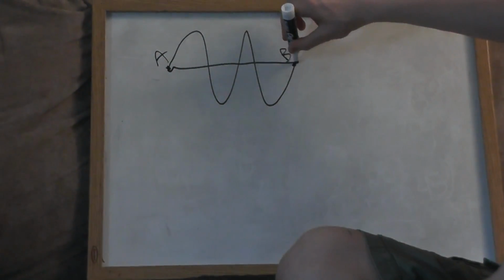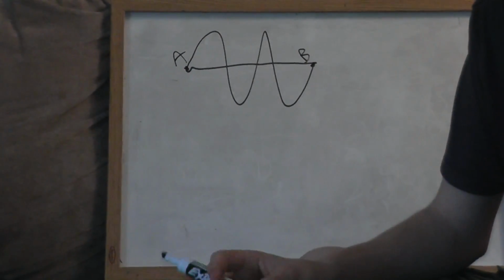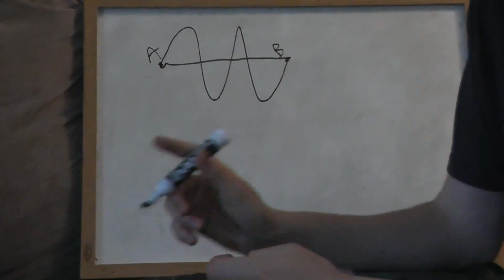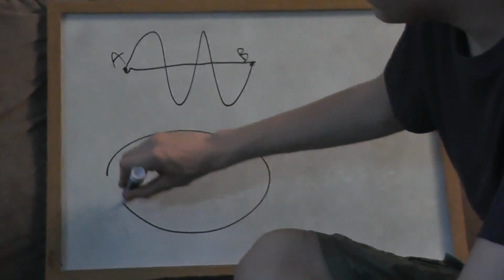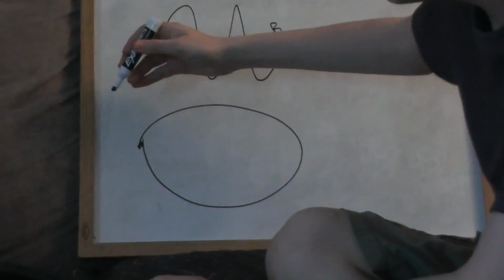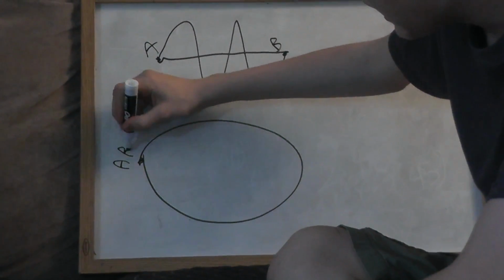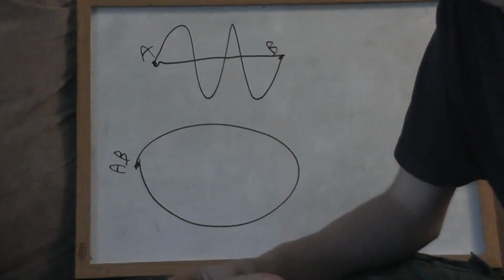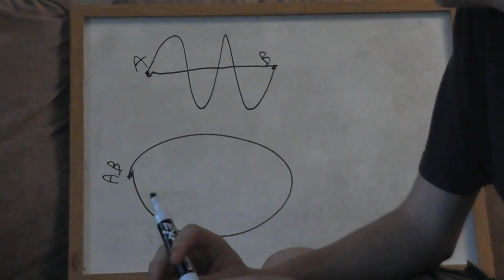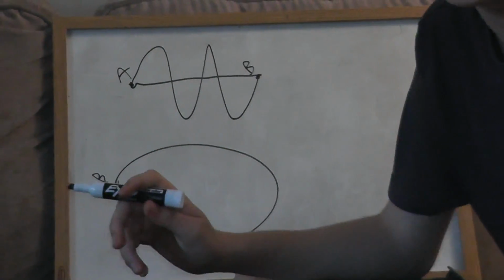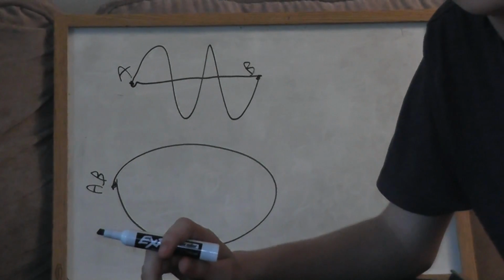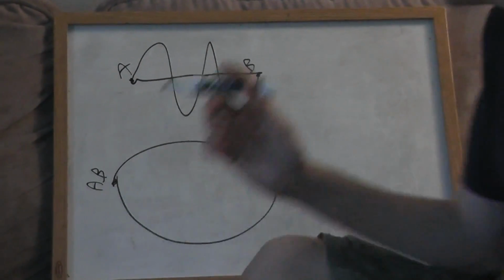So if you go in a squiggly line from point A to point B, you have the same displacement as if you just go in a straight line from point A to point B. Now, since Phase Alien was running around the track, and he started and ended at the same place, A and B are at the same point, meaning his displacement was 0.